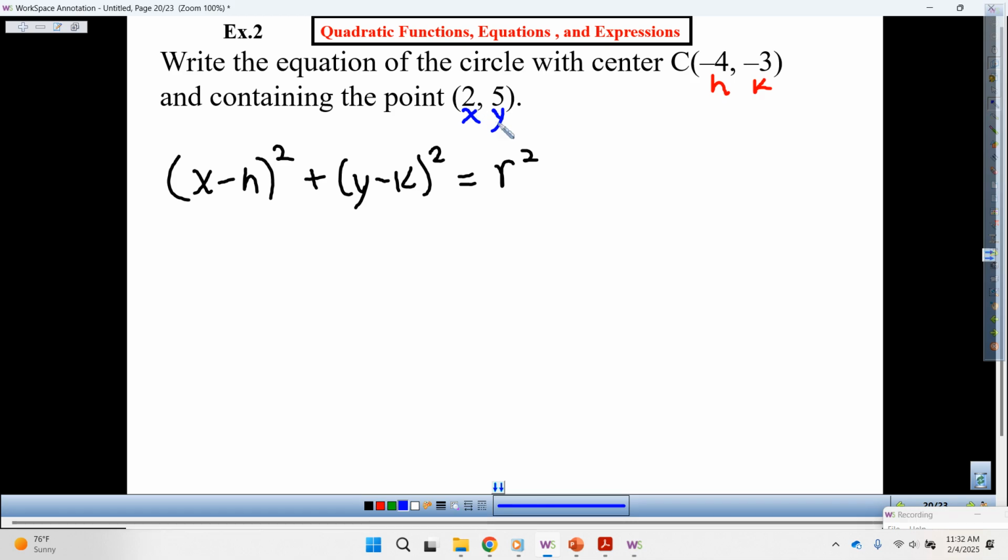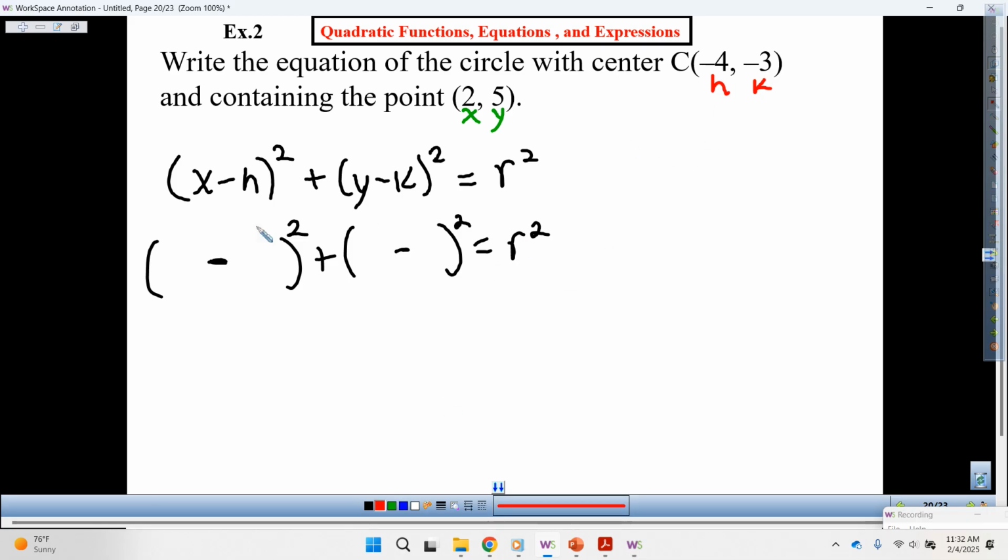So now that we have those values, actually let me change those to green, because I've been using blue for the radius. There it is. And now we know what to substitute into the equation, yes? So put the negative in between. Don't forget the negative in between. First of all, I'm going to substitute the center.